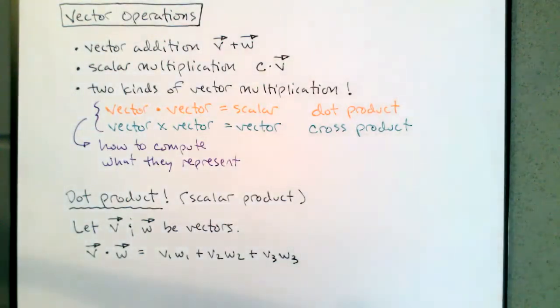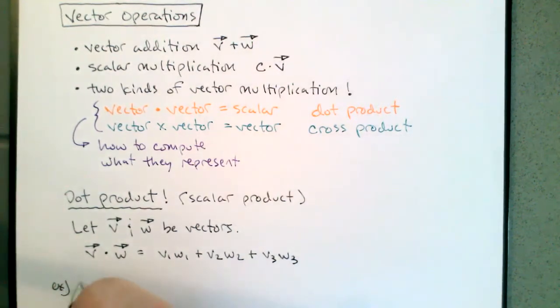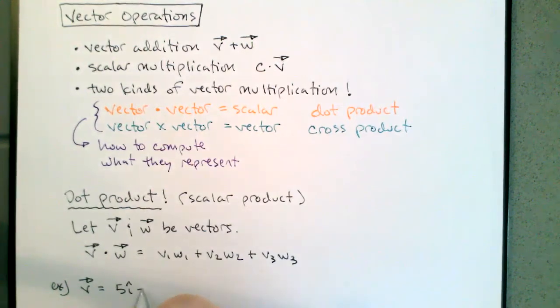So if I have a vector V is 5i minus 2j, and W is negative 3i plus 4j.